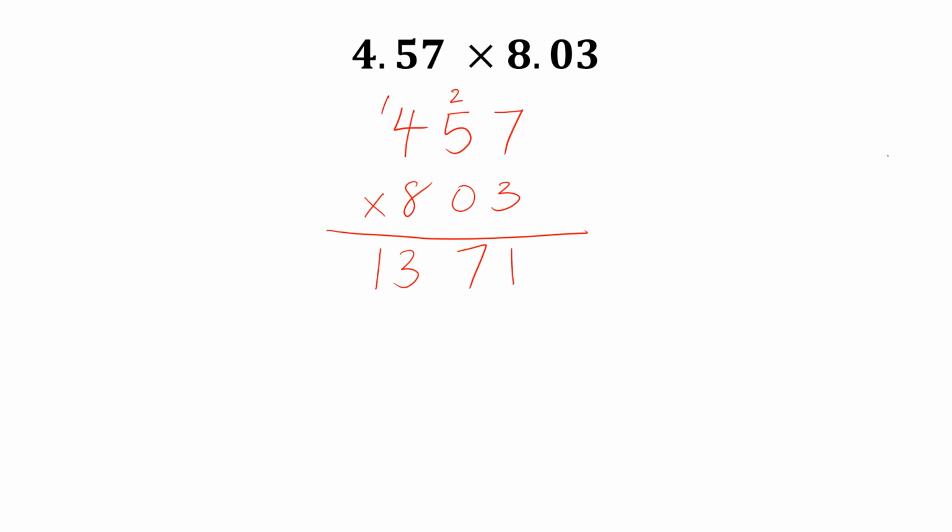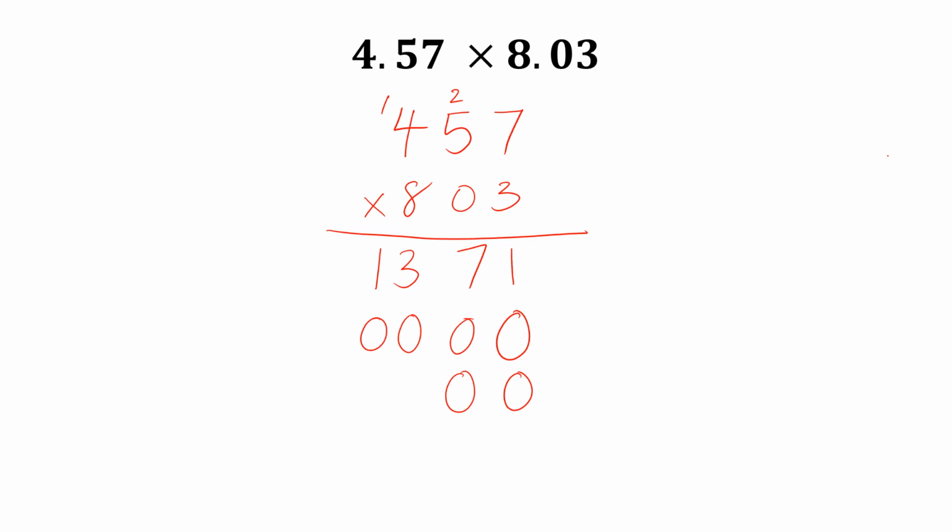Next, we're going to multiply by the 0. However, we need to put a 0 right here as placeholder. So let's go. 0 times 7, that'll give us 0. 0 times 5, that'll give us 0. And then 0 times 4, that will give us 0. Next, we'll move on to the 8. Before we start multiplying by the 8, we're going to add 2 zeros as placeholders. Let's go. So it's 8 times 7, that will give us 56.